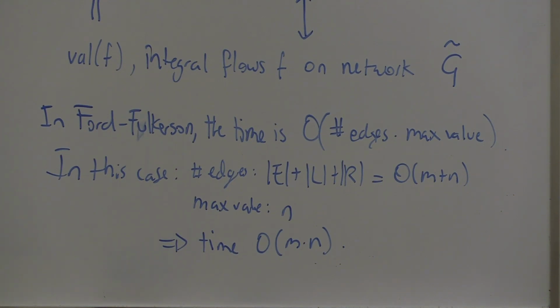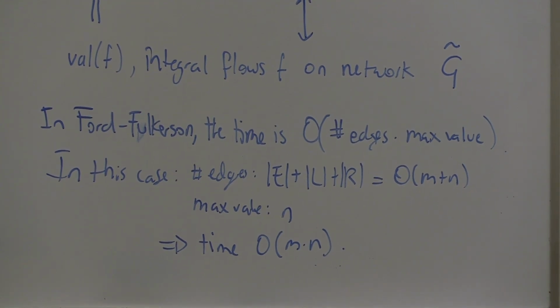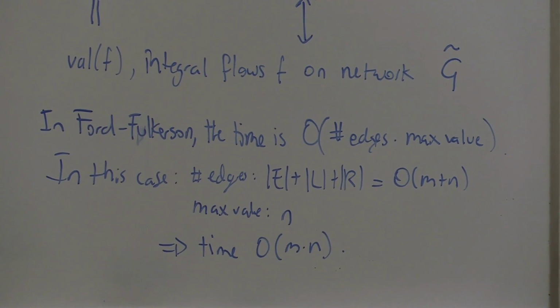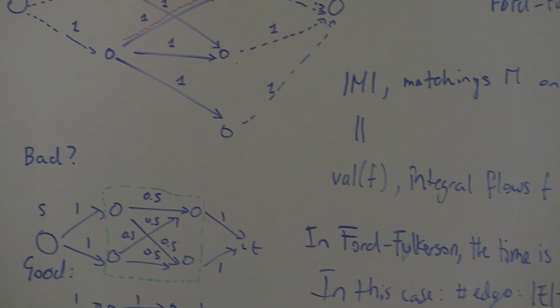Okay, so now we have solved bipartite matching. For us, bipartite matching today only plays as a motivating example. So what was motivating about it? Some features of the way we solve this problem today are the following.